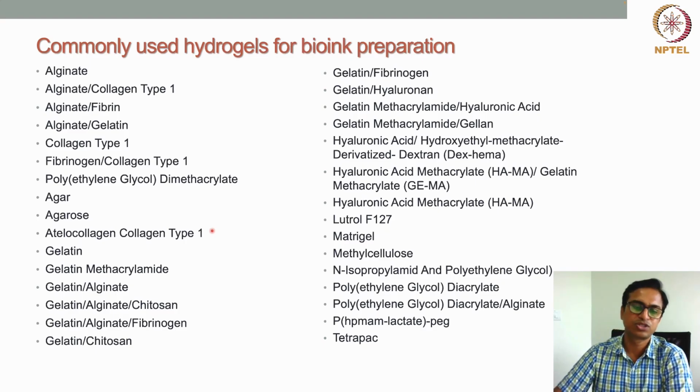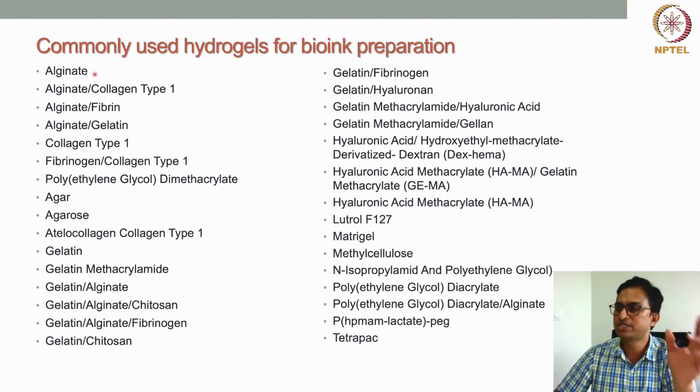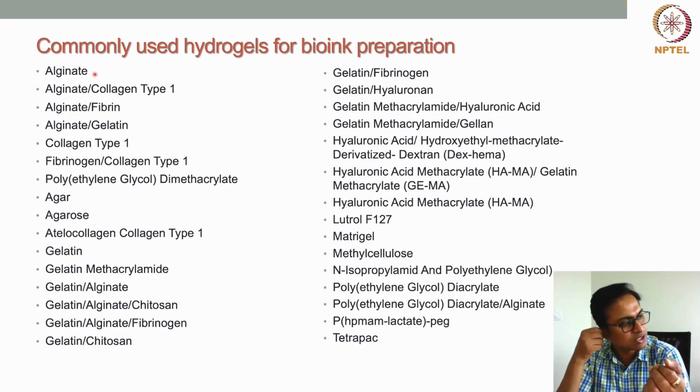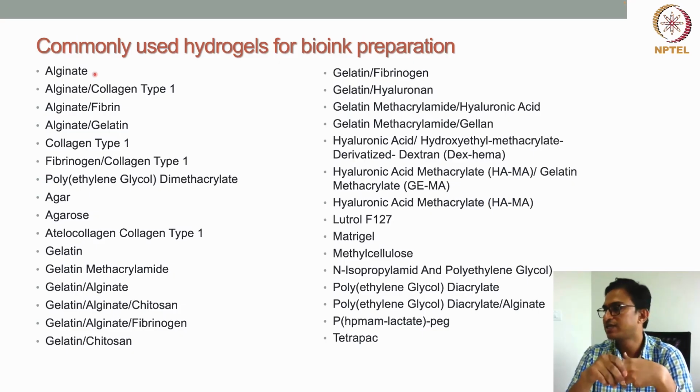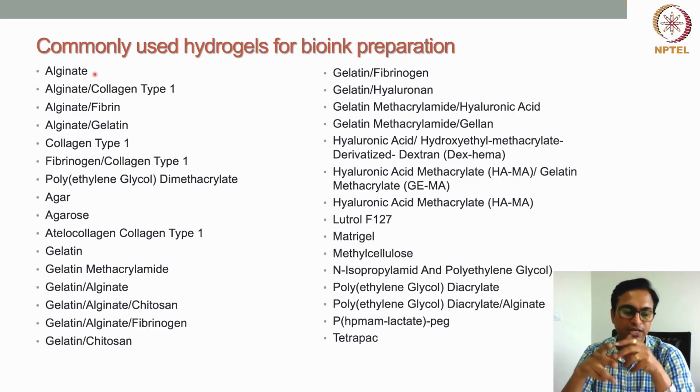Alginate is the most widely used Bioink material, because alginate can be cross-linked by introducing calcium ions, and ionic cross-linking happens, which gives rapid gelation. That's why alginate is a very popular material for different applications.